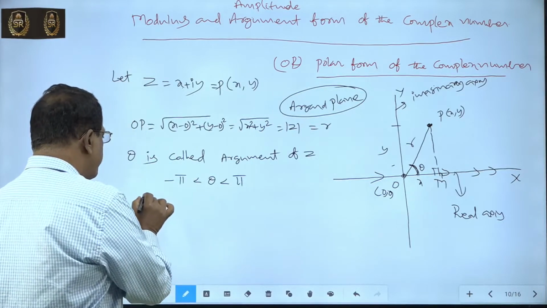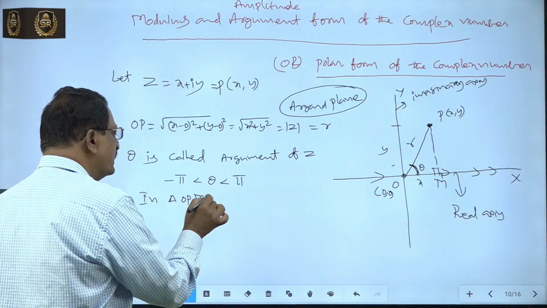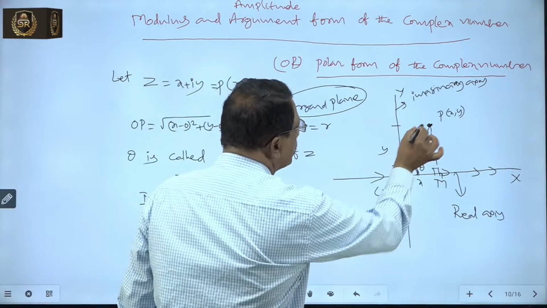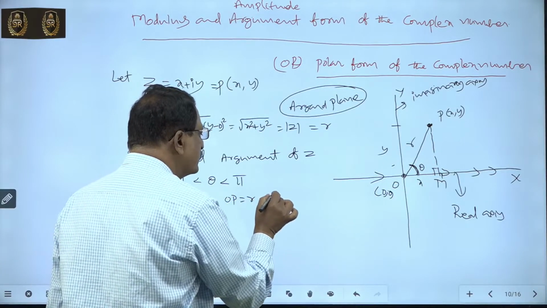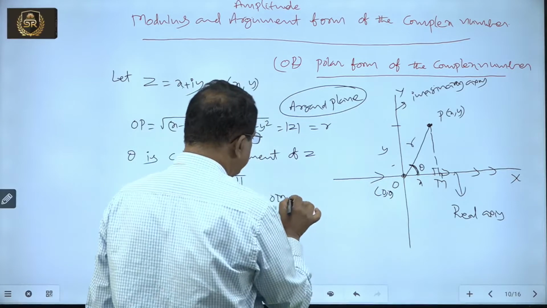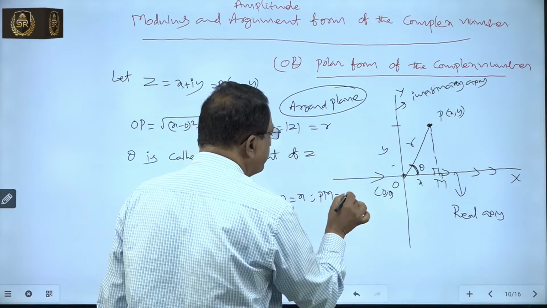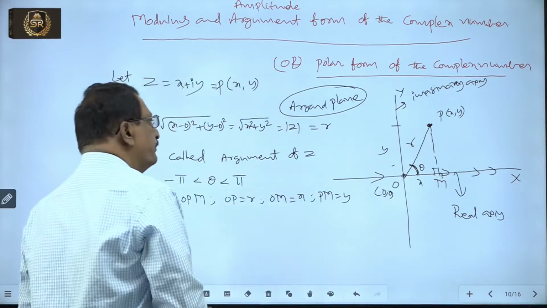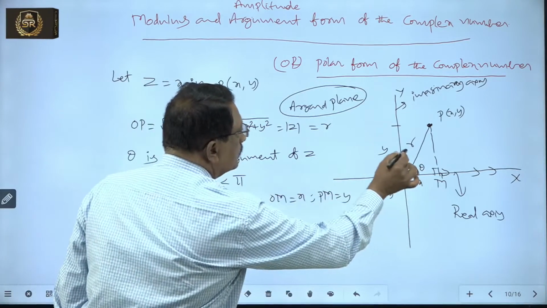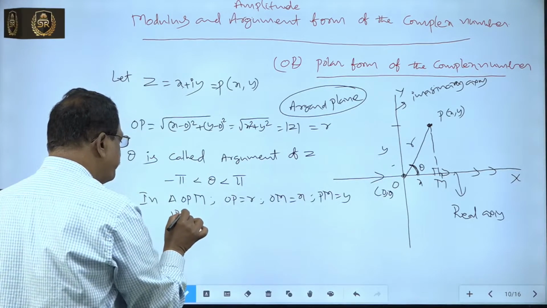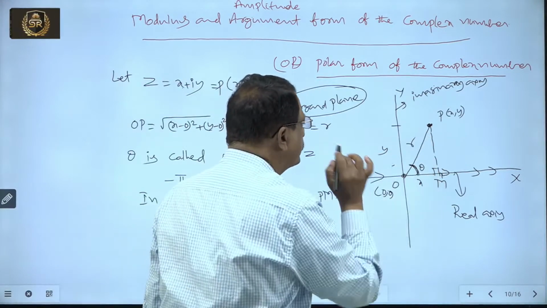Now in triangle OPM, OP equals r, OM equals x, PM equals y. Angle POM equals theta.